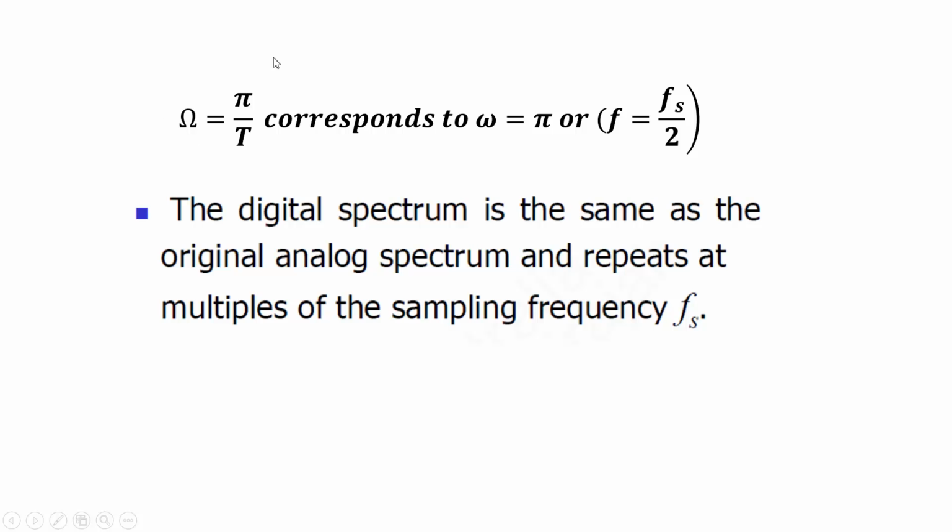Take big omega as 2 pi Fa, and digital frequency as 2 pi Fa divided by Fs, or take small omega equal to big omega into capital T. This is an important result: the digital spectrum is the same as the original analog spectrum and repeats at multiples of the sampling frequency.